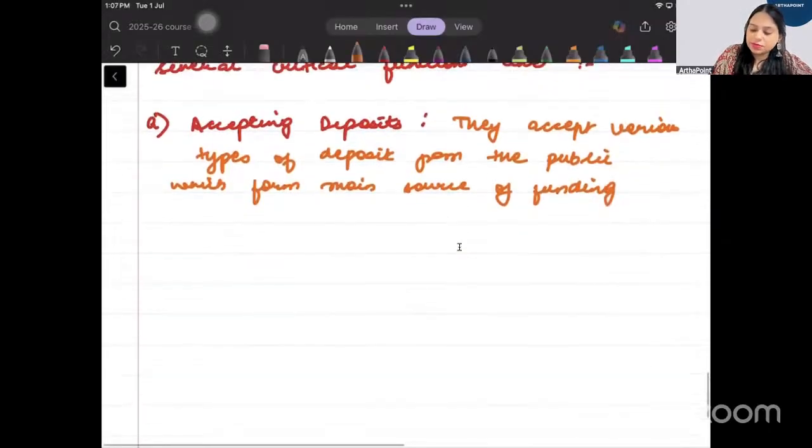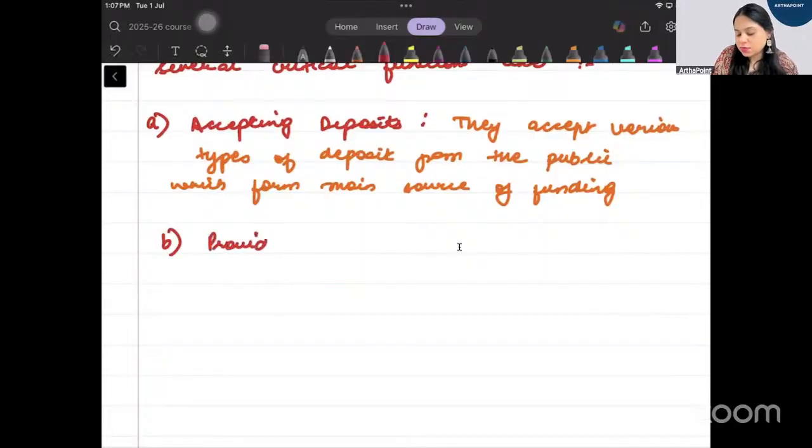Second, beta, providing loans and advances. तो बैंक्स जब भी किसी को लोन चाहिए, प्राइमरी सोर्स ऑफ फॉर्मल फंड्स will be the banks, right? Whether you need a personal loan, a business loan, an industrial sector loan, or an agricultural loan, the primary source of funds will be the bank.